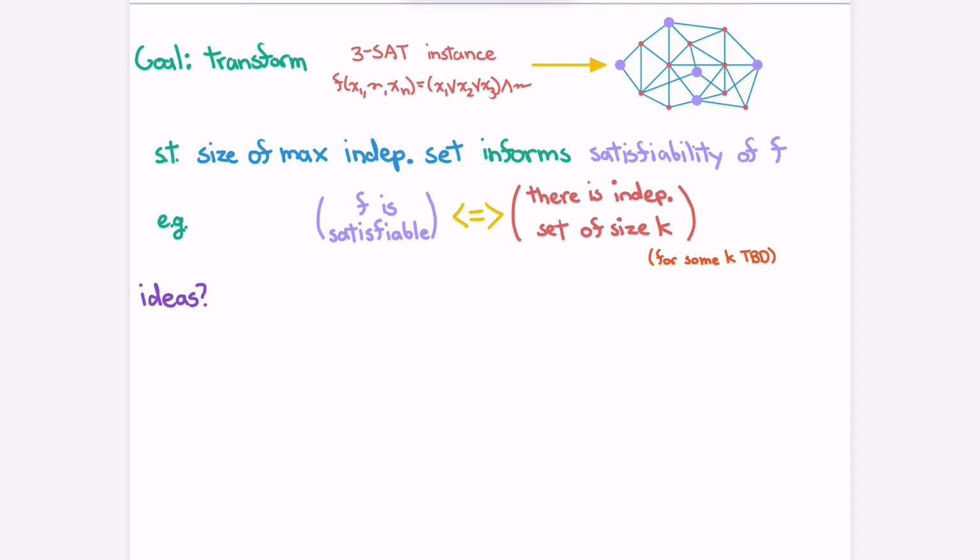I've left this part blank because this is the fun part to think about. Any ideas for somehow trying to convert a 3-SAT formula into an independent set of size k? Or inspirations?